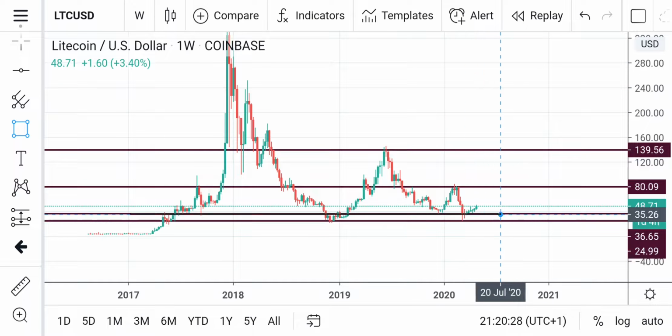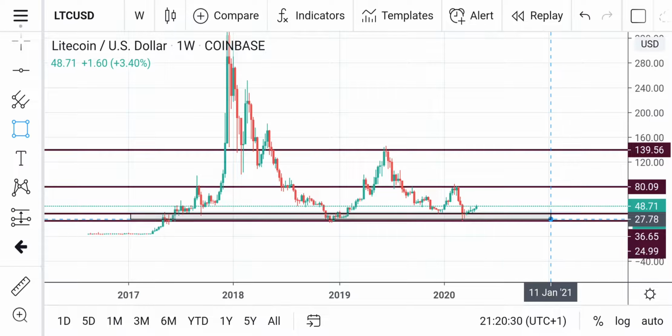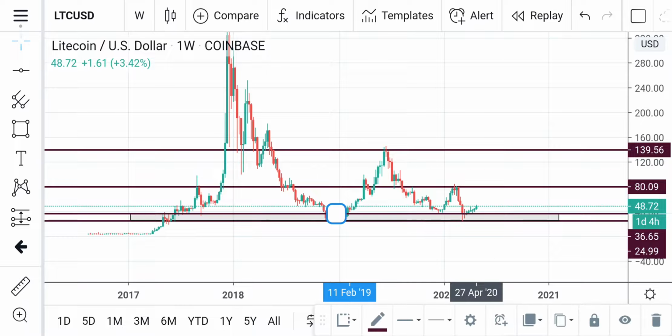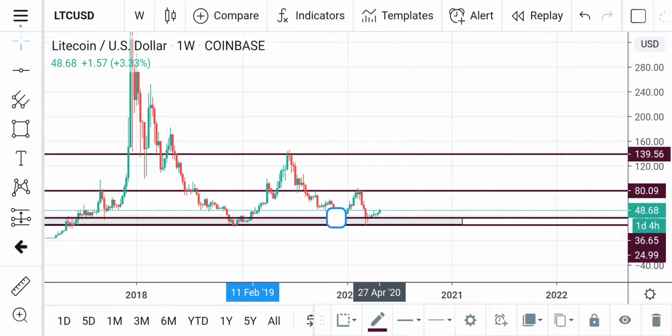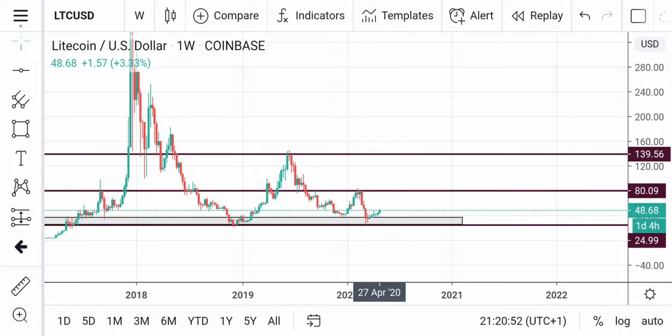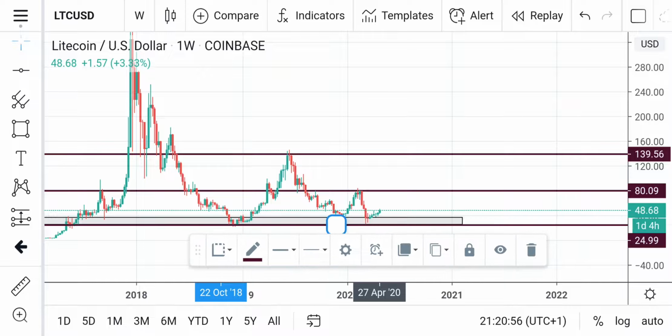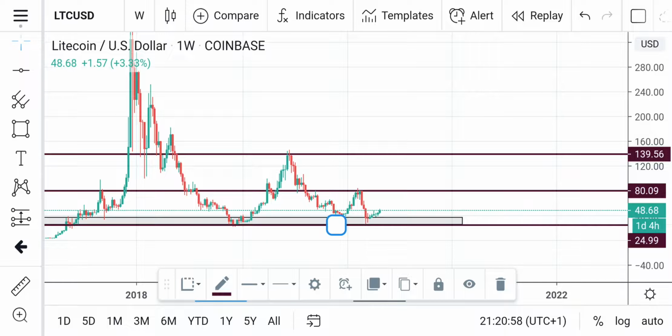This is how I do it, by just dragging it over. Then I delete the lines.